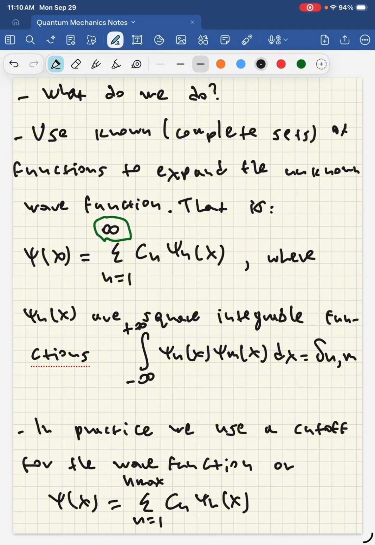Okay, and we need to have converged results to determine this cutoff, and we will see what this means when we go and see the code. Okay, so for now we will just do the theory.